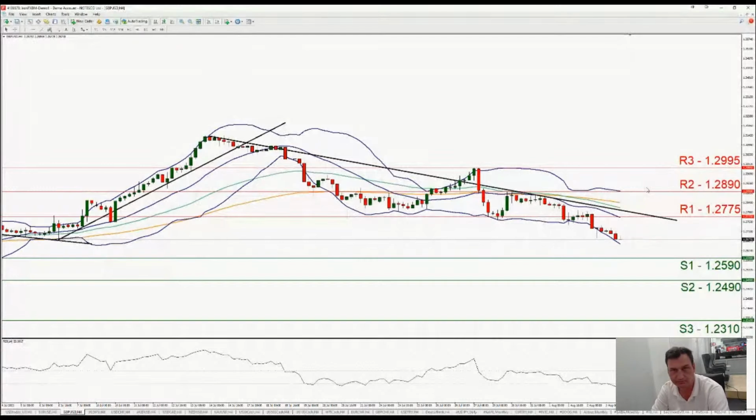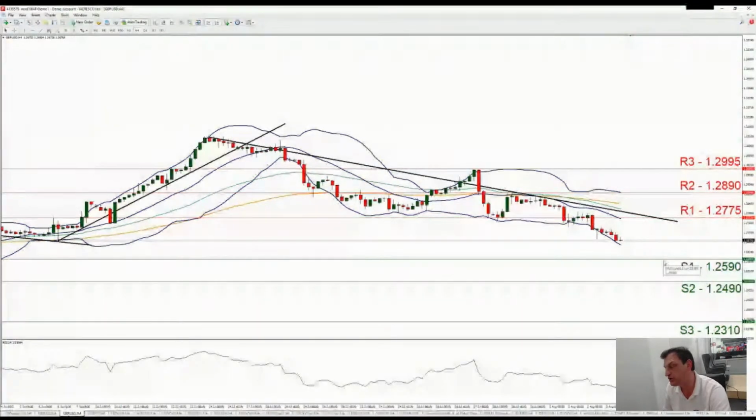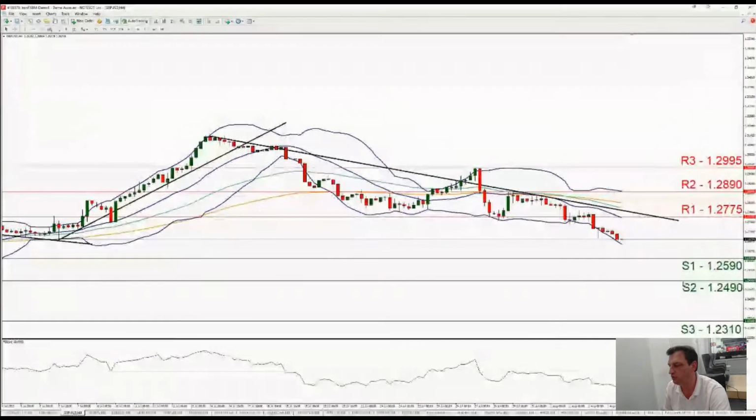Nothing less. The RSI indicator is below the reading of 30. It's actually highlighting the bearish sentiment. So on a technical level, we maintain our bearish outlook. And we would expect it to reach and possibly breach the S1 1.2590 and start aiming for the 1.2490.